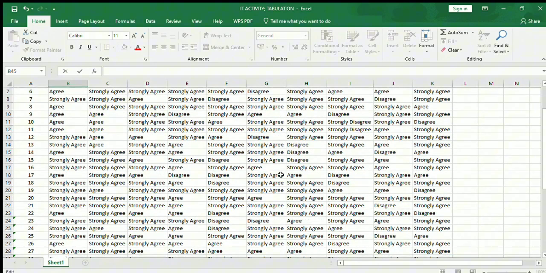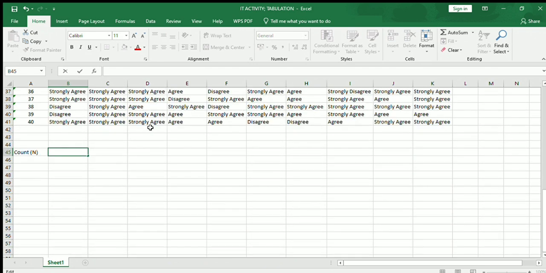After you type all the answers of your respondents, now you will calculate the count n.